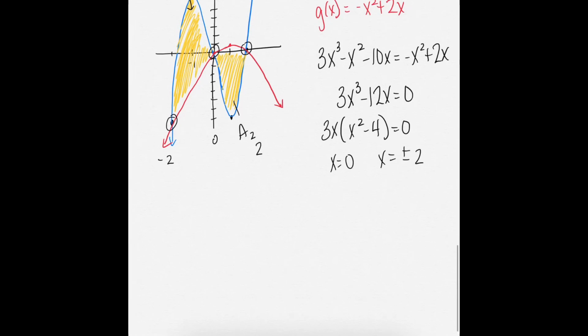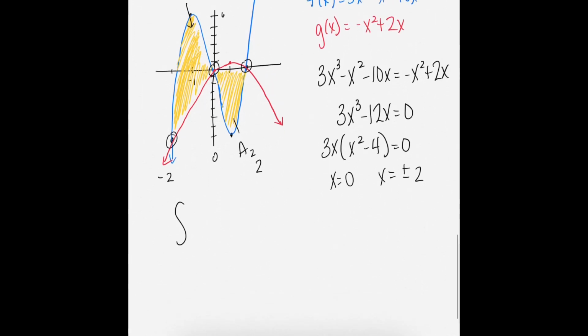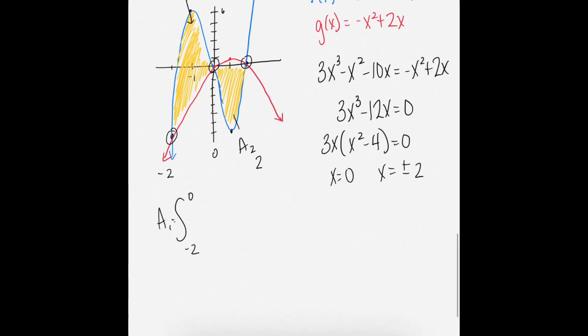You have to pay attention to which function comes first in your integral. So let's do area 1 first. I called that the left one. Area 1, lower bound would be negative 2, upper bound would be 0. In this first section, which function is higher than the other function?